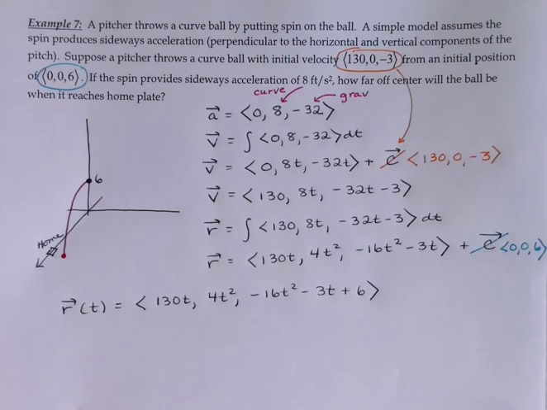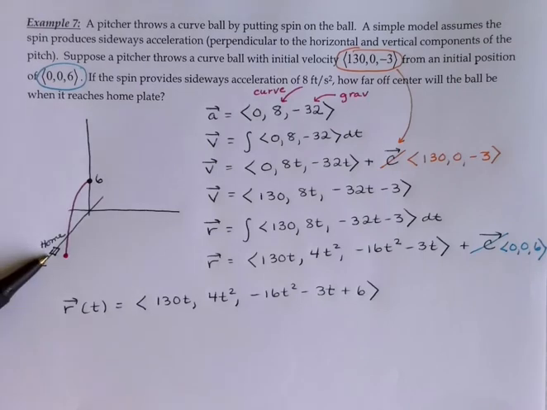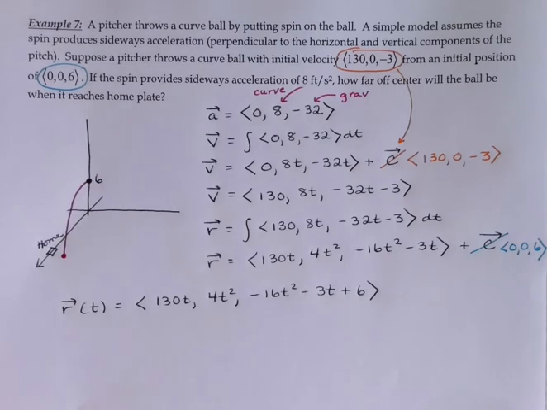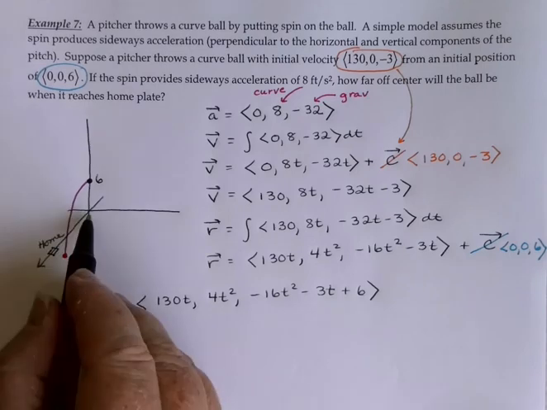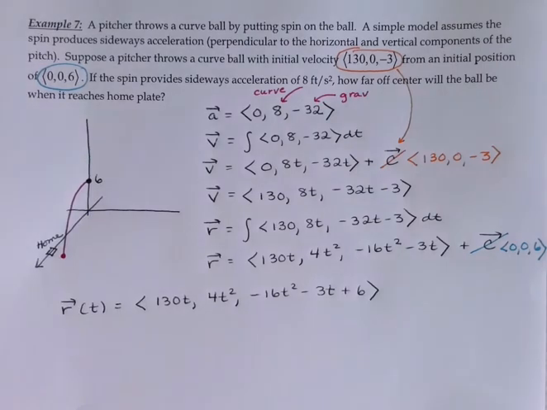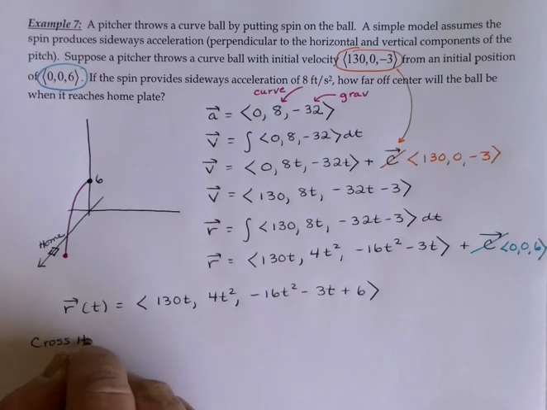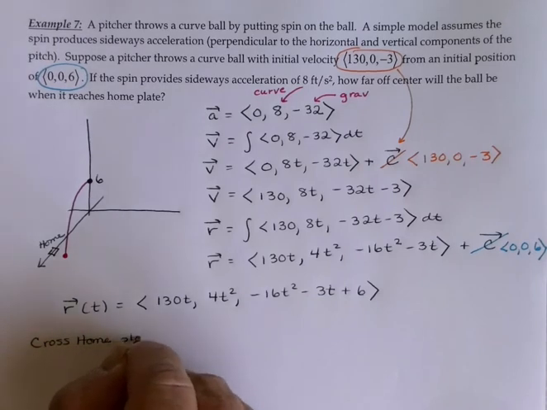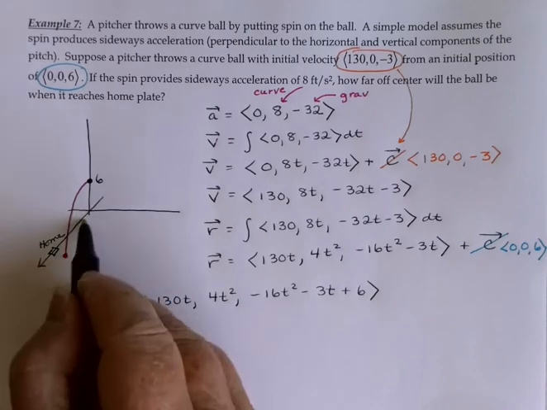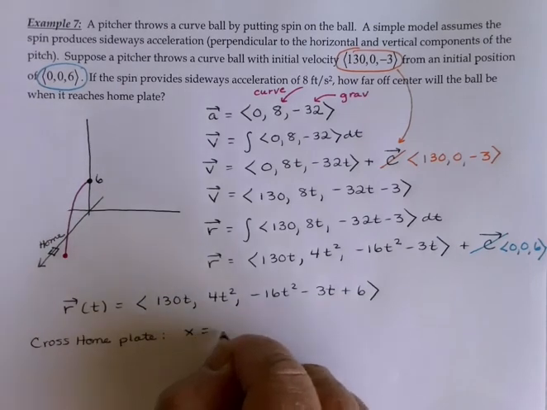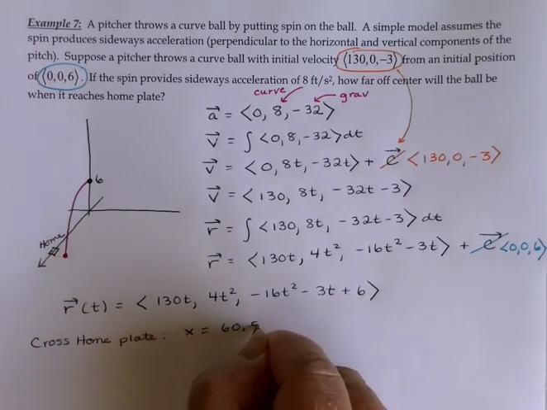Instead, I'm going to say, what is the x value going to look like when we cross home plate? Well, if you've done a little bit of research, you've probably found that the distance from the pitcher's mound to home plate is 60 feet and 6 inches, or 60.5 feet. So when we cross home plate, the x value is going to be 60.5.